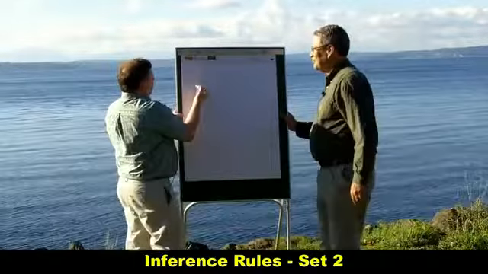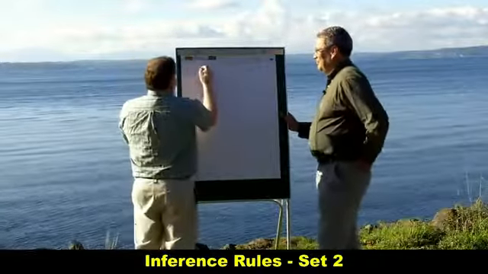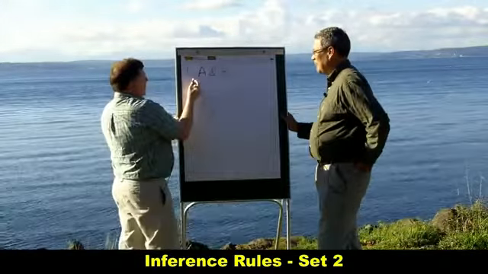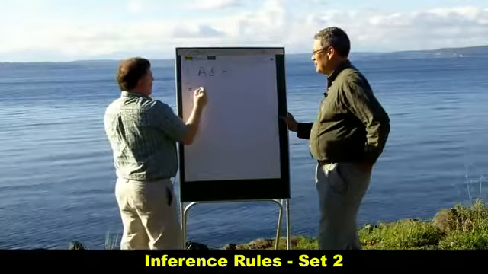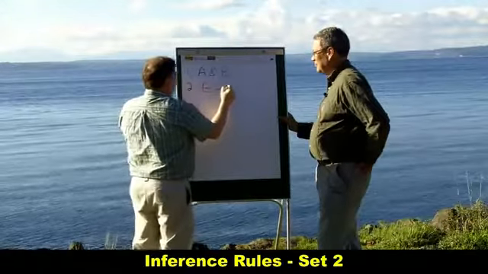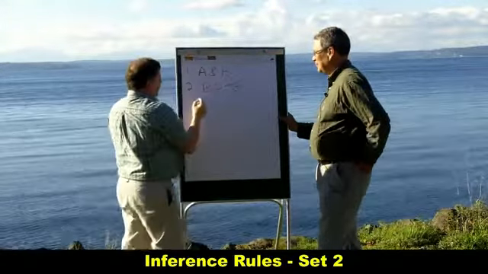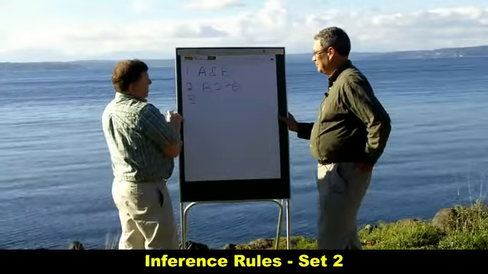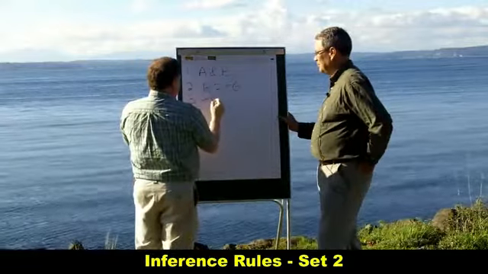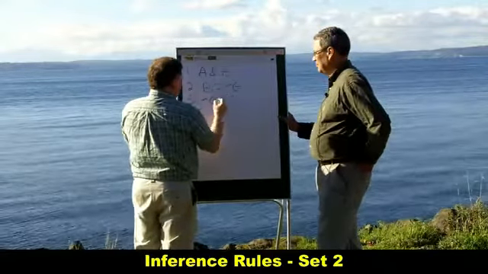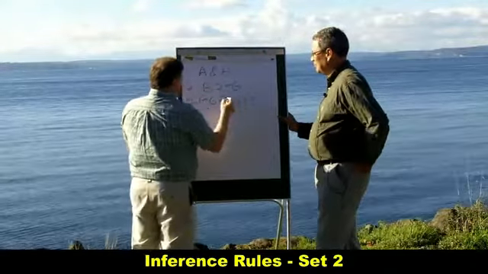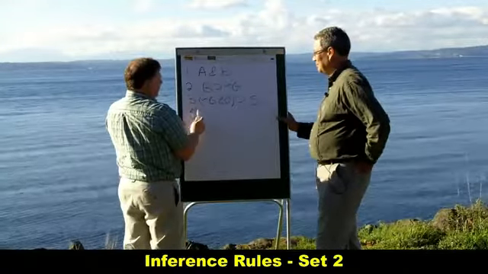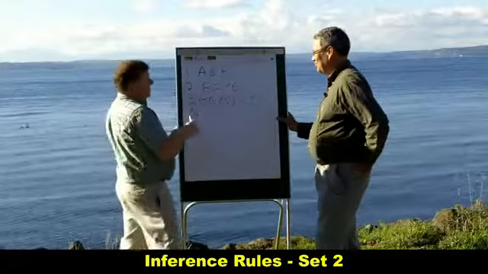So, suppose I start out my proof, I have an A and B as a premise. Let's see, what do I want to get? I have to create this so that it's valid, of course.